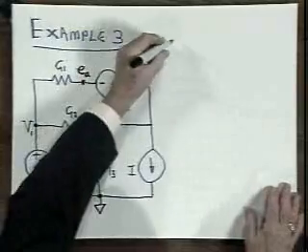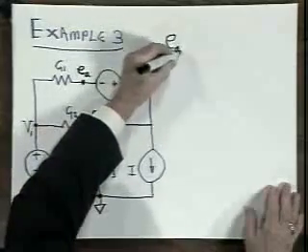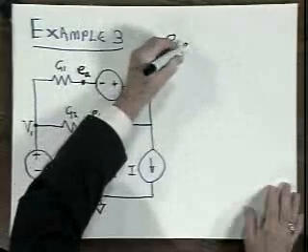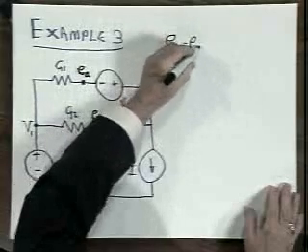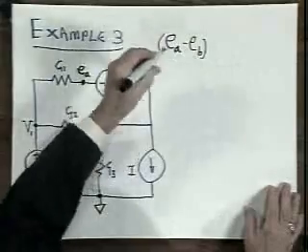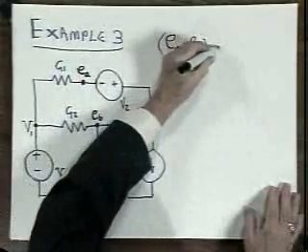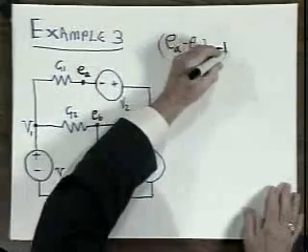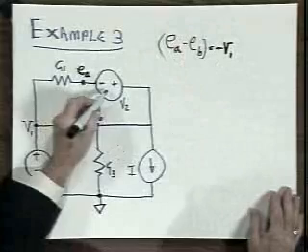In other words, if I write the voltage difference between E sub A and E sub B, I get E sub A minus E sub B equals minus V2, the value of this source.